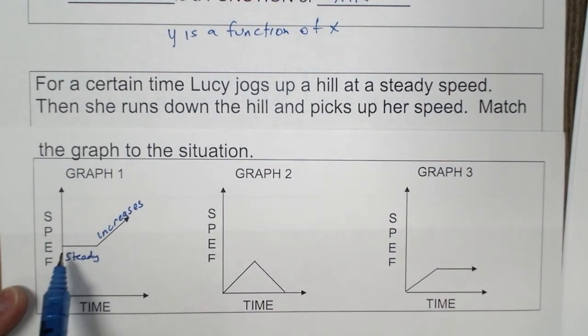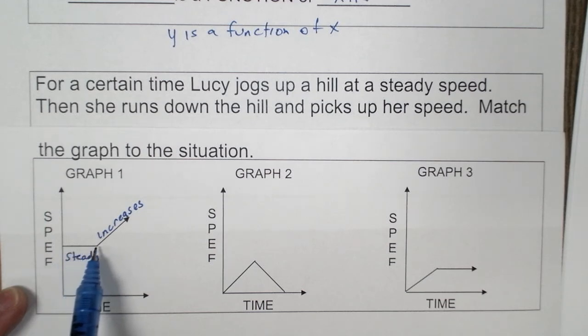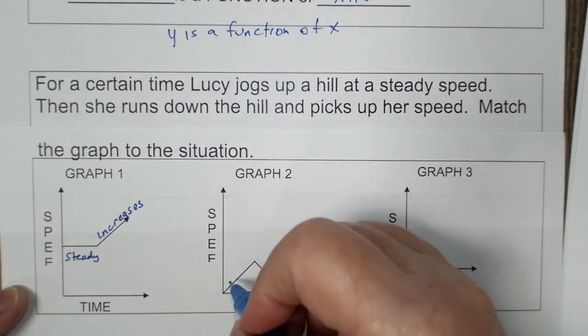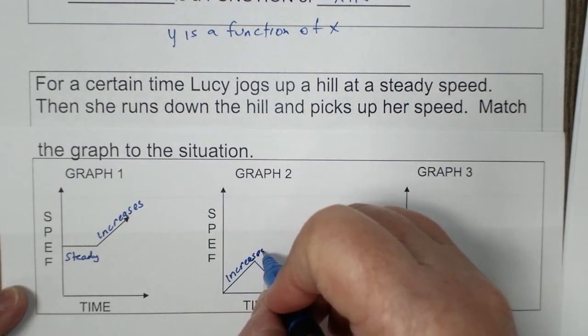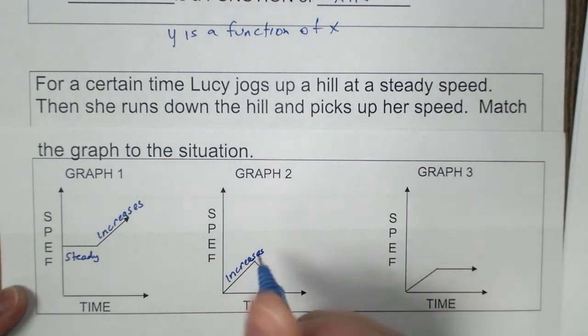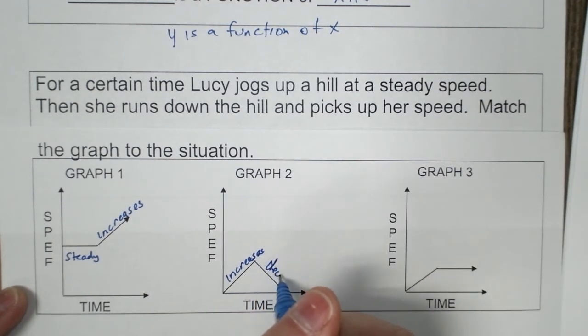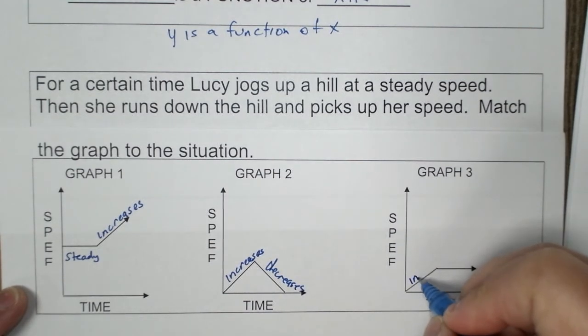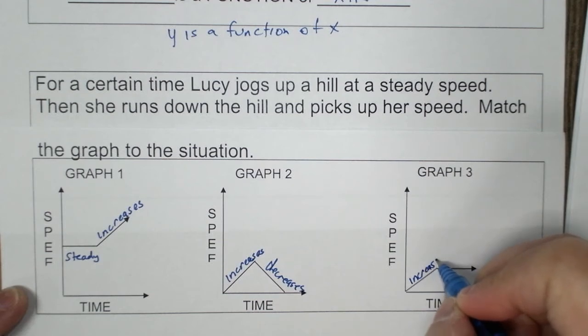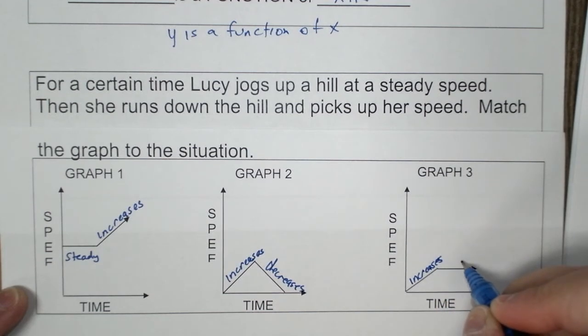So this right here means time is going and her speed is constant. Okay, this says her speed is increasing for a certain amount of time, and then this says it decreases. This says her speed increases, and then she gets her stride and she keeps it steady or constant.